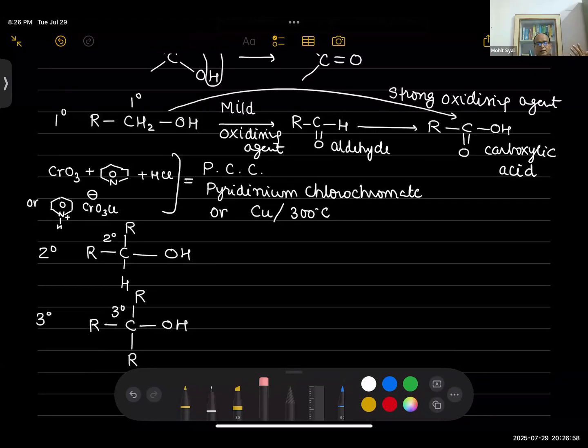And aldehyde gets oxidized to carboxylic acid. Ibrahim, can you tell me some strong oxidizing agents which you may have used in your school practicals, also in titrations?